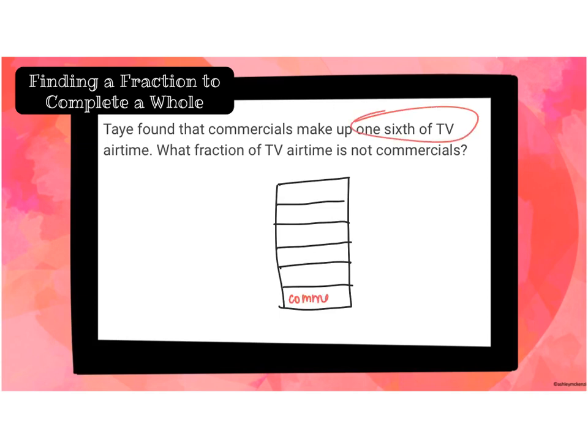I'm going to abbreviate it. Which means that the rest of this is not commercials. So what fraction is not commercials? 5/6. I have this one here, 2, 3, 4, 5. So 5/6. See how we're making up the whole with the remainder?